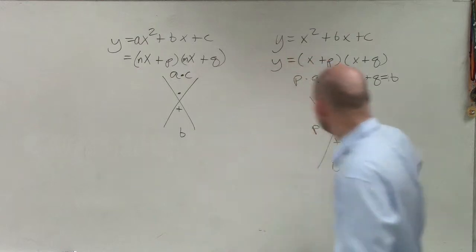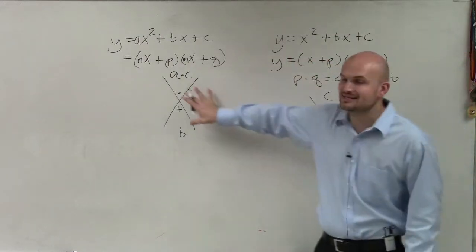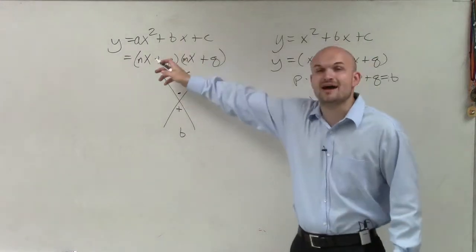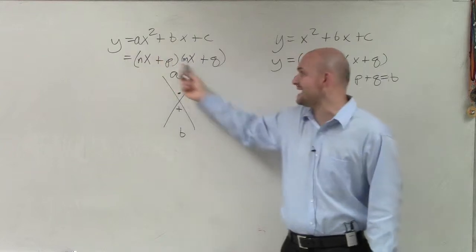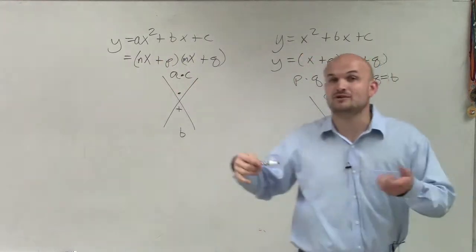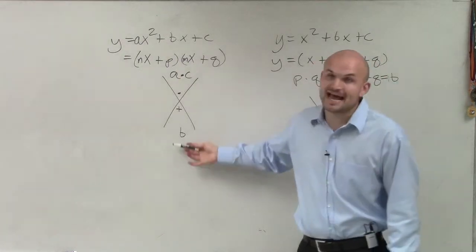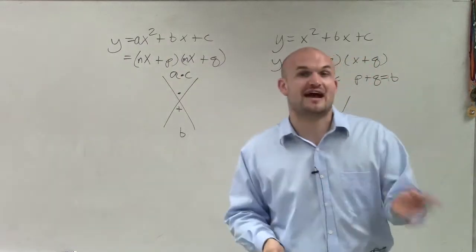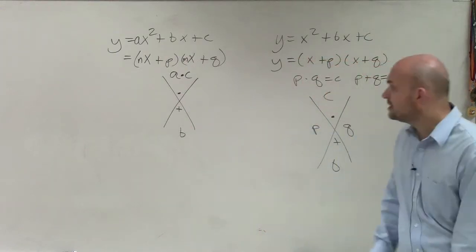But it's very important because a lot of students really understand this, but then they get set up on how to change over when you have that a. So the difference in these two techniques is now we're going to multiply a times our c. So we're now going to find the factors of a times c, and those factors need to add to b. Then we'll do some factoring by grouping, or also use the box method to help us factor that out, and so on.